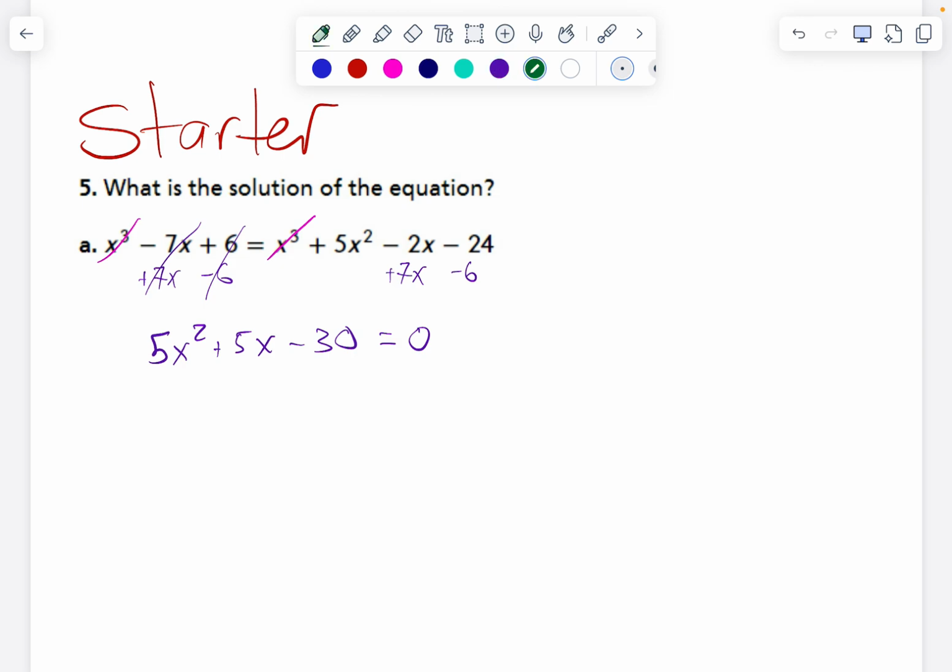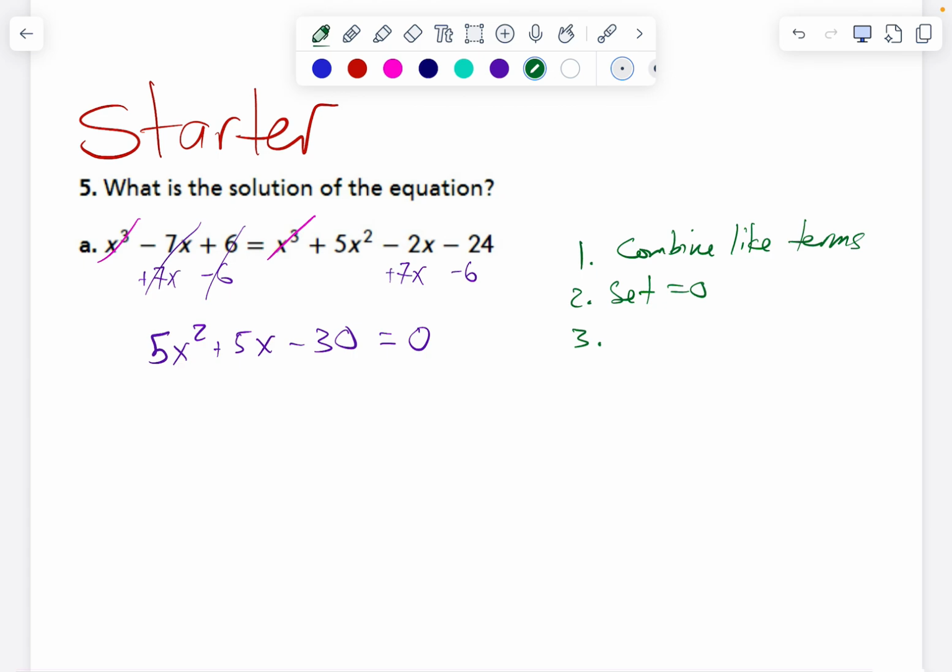Okay, what's our next strategy? Let me write some steps over here. Combine like terms. Set equal to 0. Okay. In terms of solving quadratics, what's your next option?